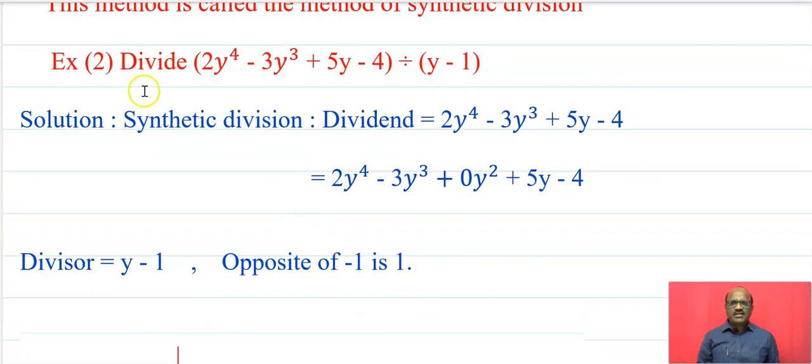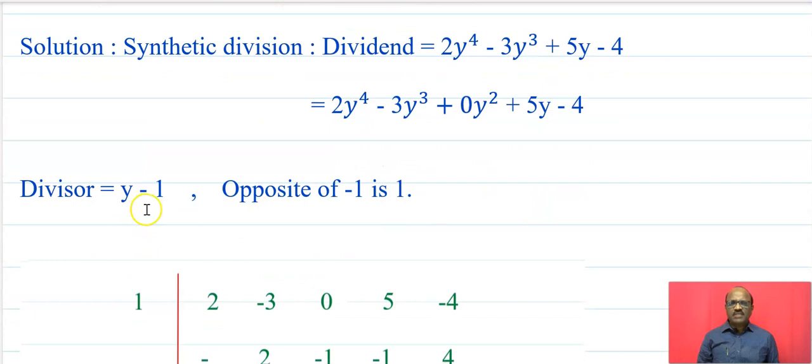Next: divide 2y raised to 4 minus 3y cube plus 5y minus 4 by y minus 1. For synthetic division, look at the powers of the dividend: 4, 3, and 2 is absent, therefore we write 0y square plus 5y minus 4.